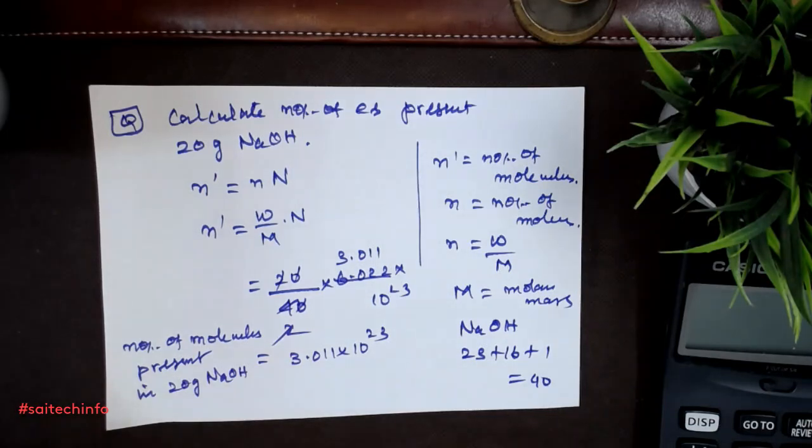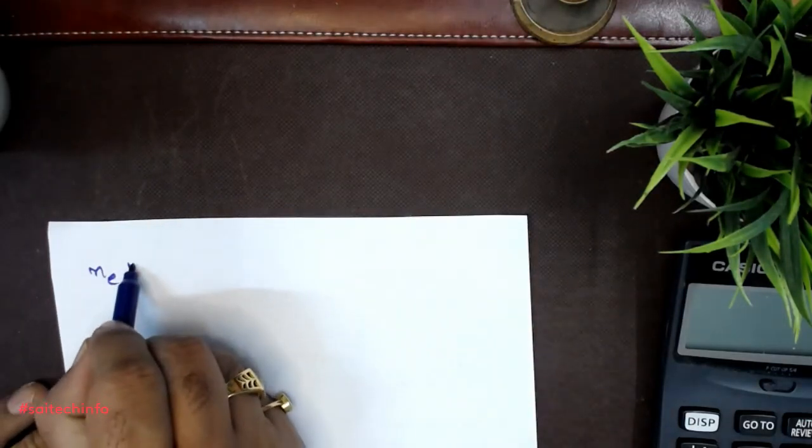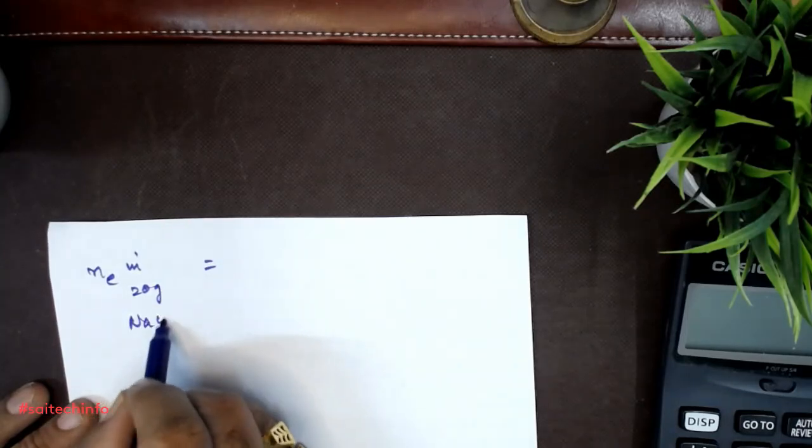And next what are we supposed to do? We have to proceed with the atomicity and the individual electrons of each particular atom. So let us find the number of electrons in 20 gram of sodium hydroxide.